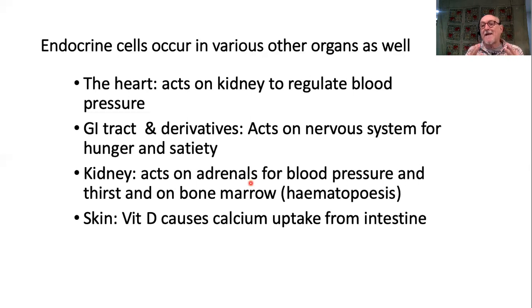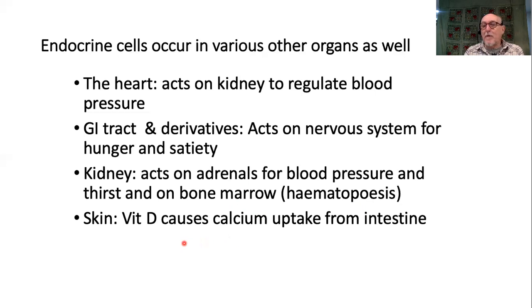And that is so that we take in fluids which can then be put into the blood circulatory system to raise blood pressure. So the sense of thirst is generated by hormones from the kidneys. And also, very, very surprisingly, the kidney has hormones which interact with the bone marrow and govern the production of blood corpuscles.